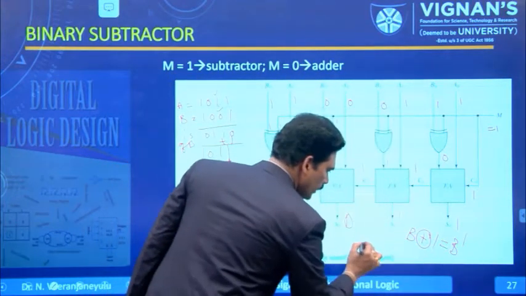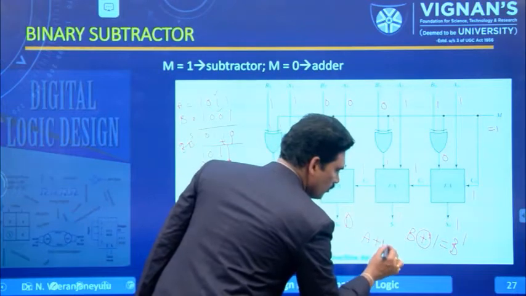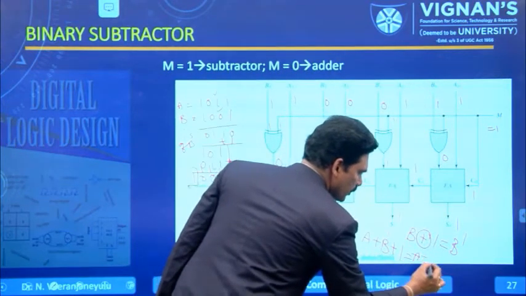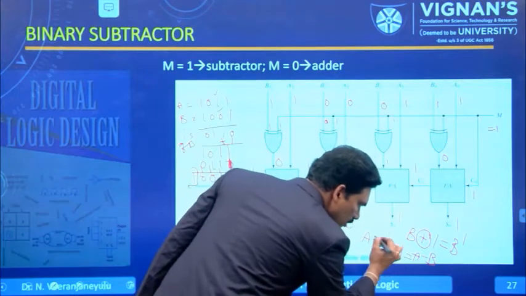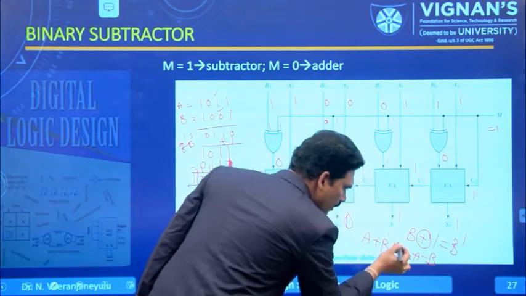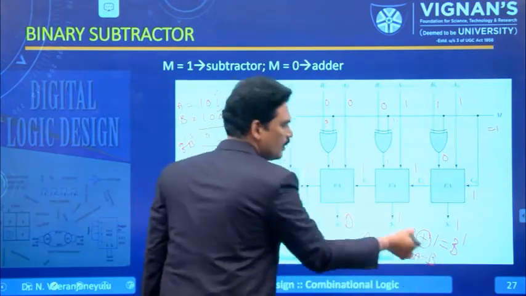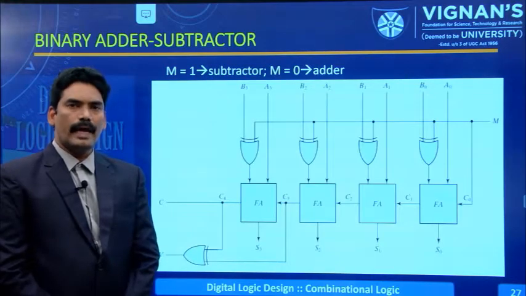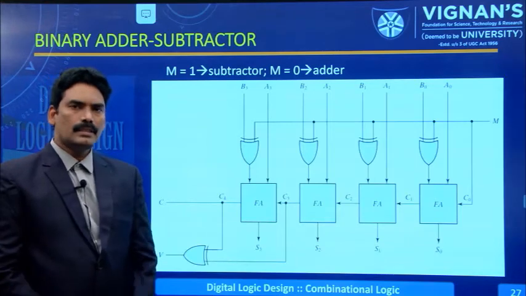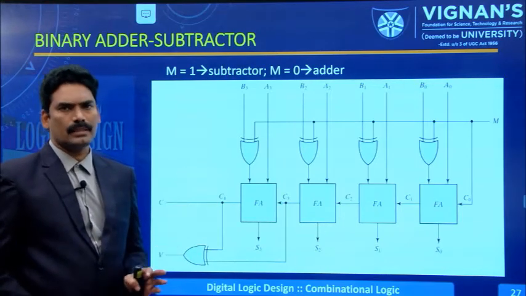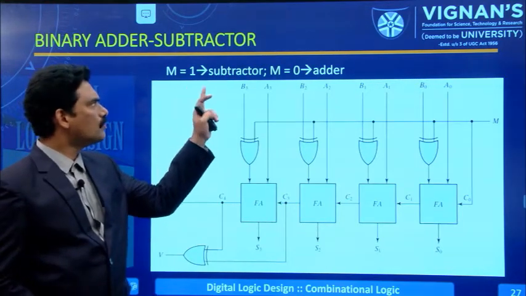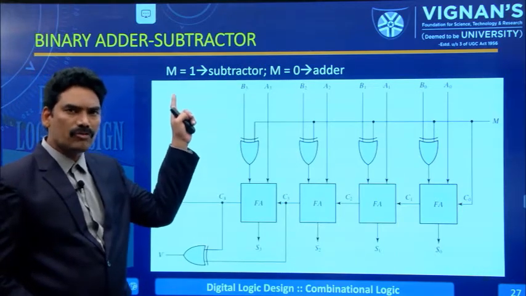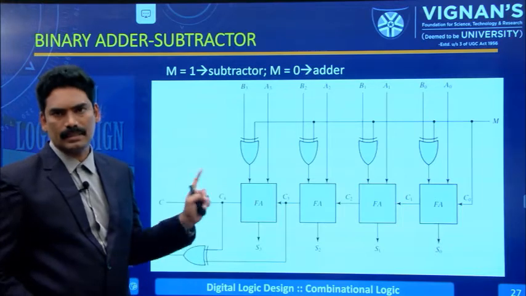Now what we are doing: A plus B bar plus 1, that is equal to A minus B. That is 1's complement plus 1, which is 2's complement, and we are adding, so we are getting A minus B. This is a binary adder subtractor. When the value of M is equal to 0, it acts as an adder, and if the value of M is equal to 1, it acts as a subtractor.